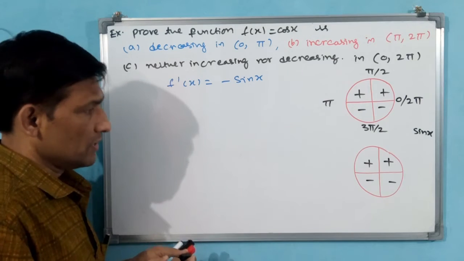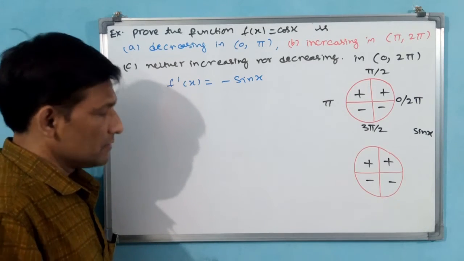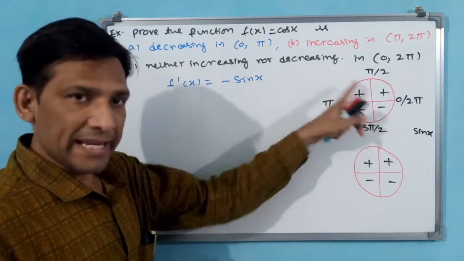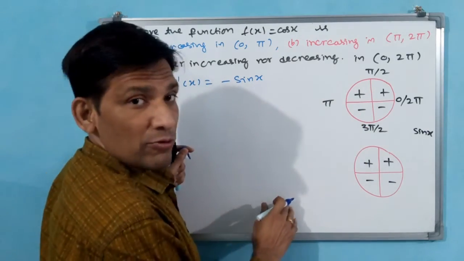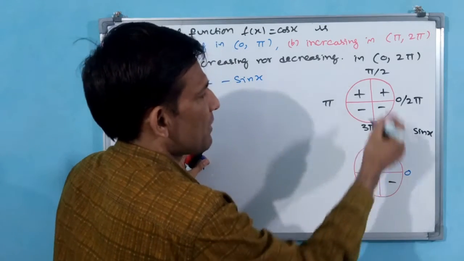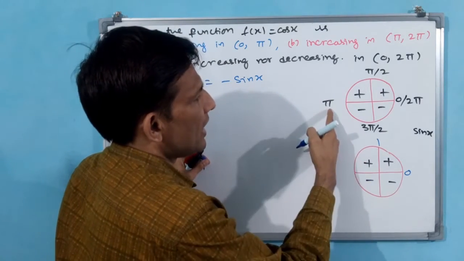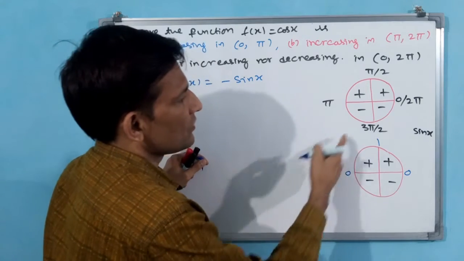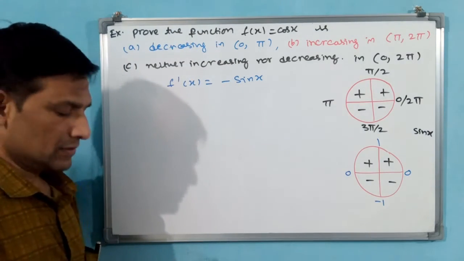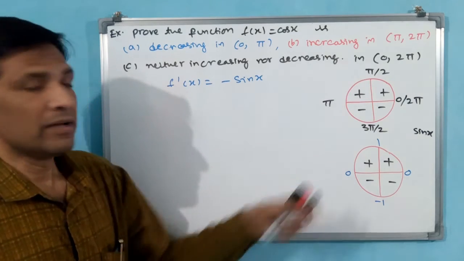Positive. Okay. Now this is for angle sake, but value sake at 0 or 2 pi the sine is 0. At pi by 2 the sine value is 1. At pi again sine value is 0. At 3 pi by 2 sine value is minus 1. Is it okay?